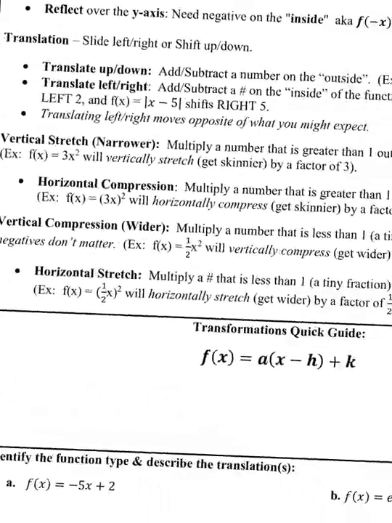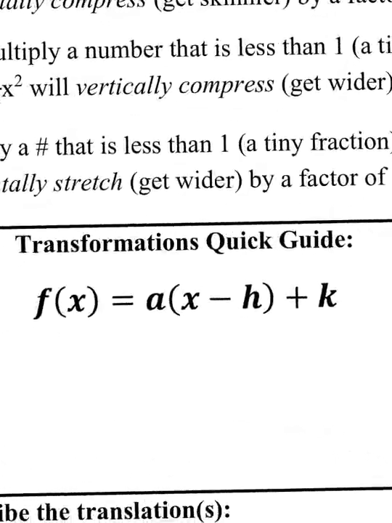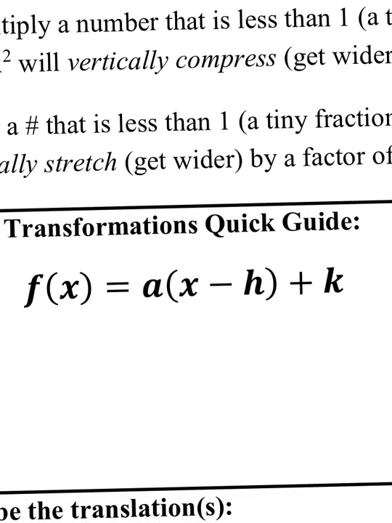Okay, so with that being said, just kind of want to recap what we've done here. This is just a general formula. If you have a number out in front, this a, what is that a going to do? That a is going to stretch or compress. It could be vertical stretch, horizontal stretch, it depends.